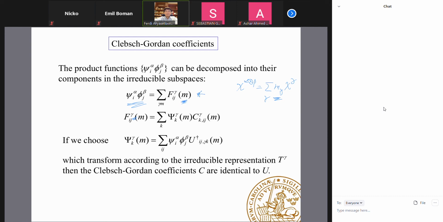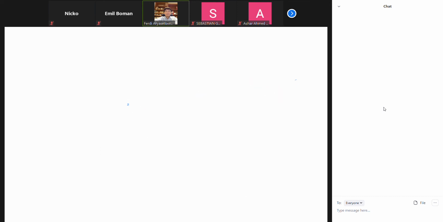So let me explain this better. If I have this diagonal form like that, this is the alpha, and this is another alpha, and this is the beta, and so on.